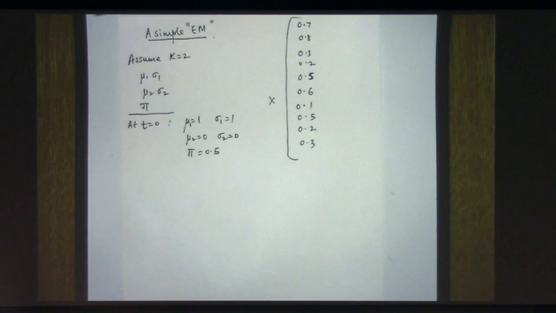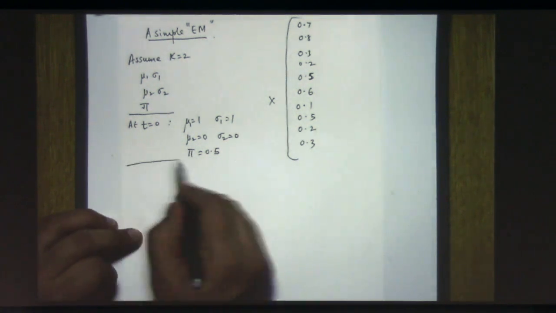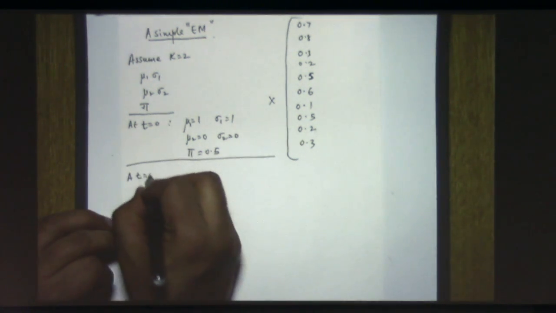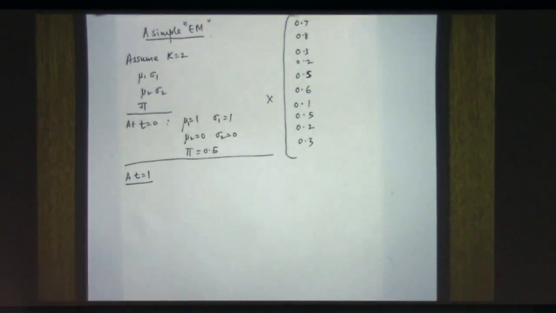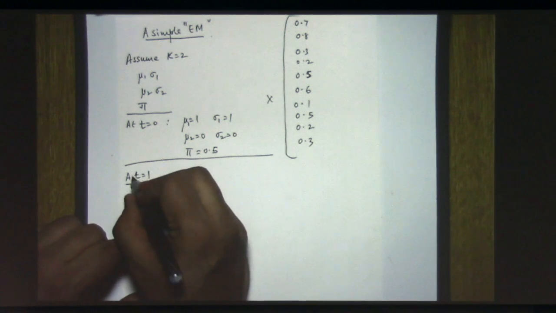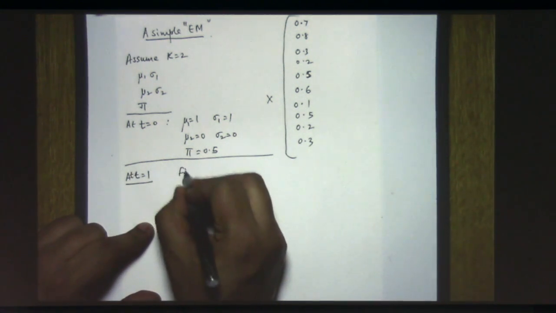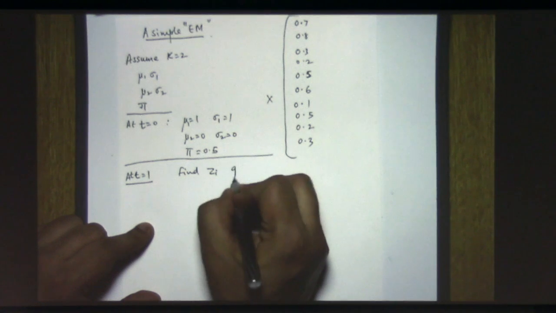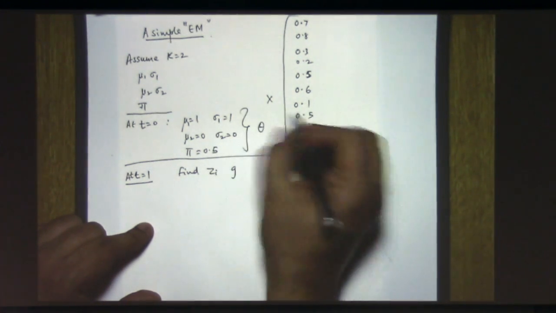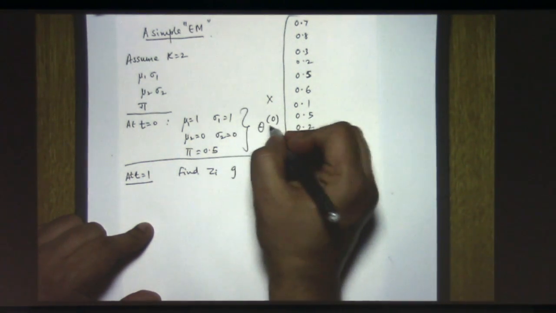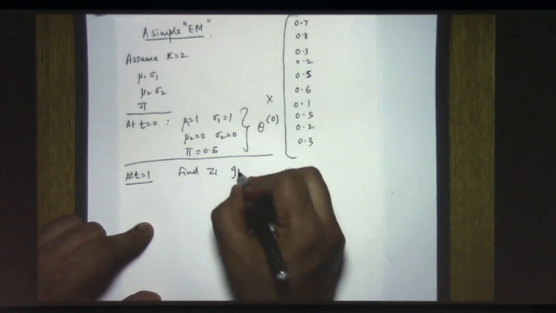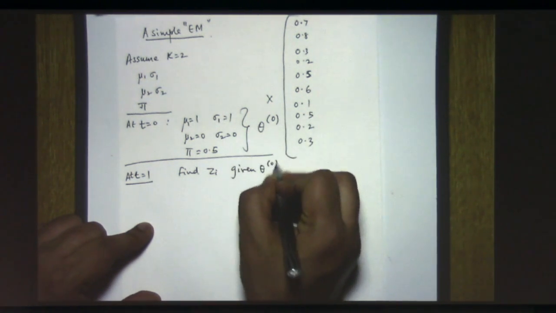The next thing we will do is that at t equal to 1, we can first figure out what my z_i's are going to be. Find z_i's. Collectively, let's call this theta 0, the parameters at step 0. Find z_i given theta 0. And we can do that.